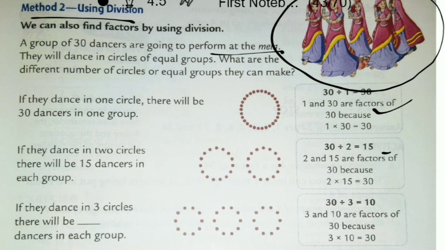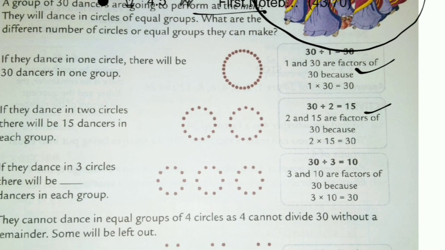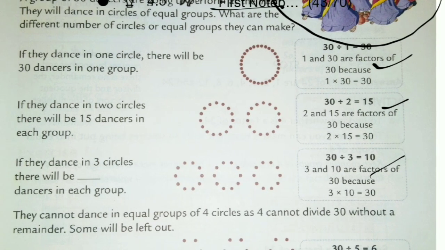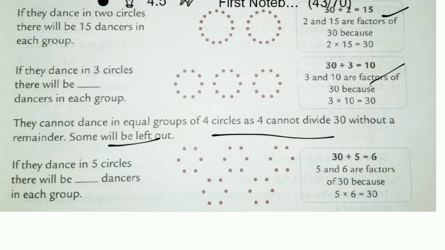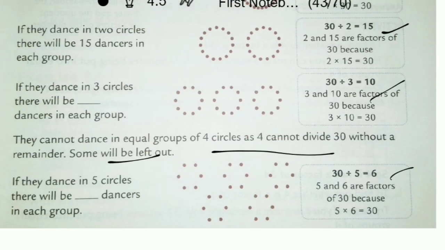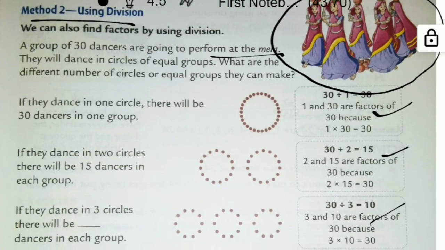Then 30 divided by 2, we get 15. Then 30 divided by 3, we get 10. 30 divided by 4, we cannot draw that circle, so that number is left out. Then 30 divided by 5, we get 6. So these are the factors of 30.